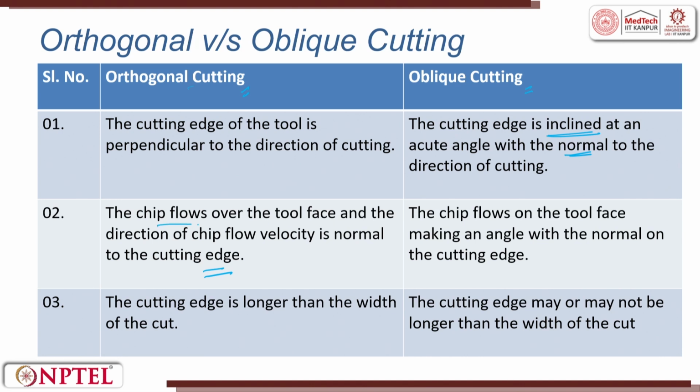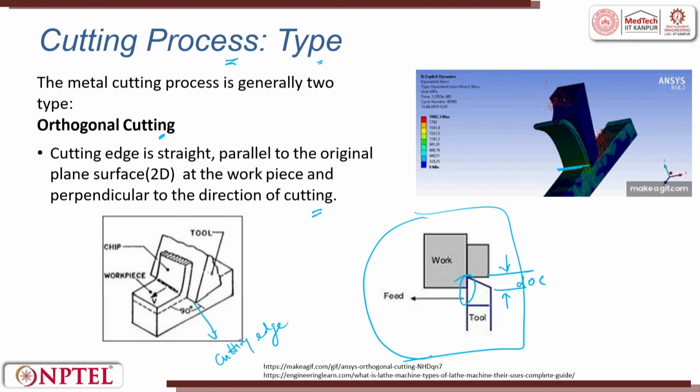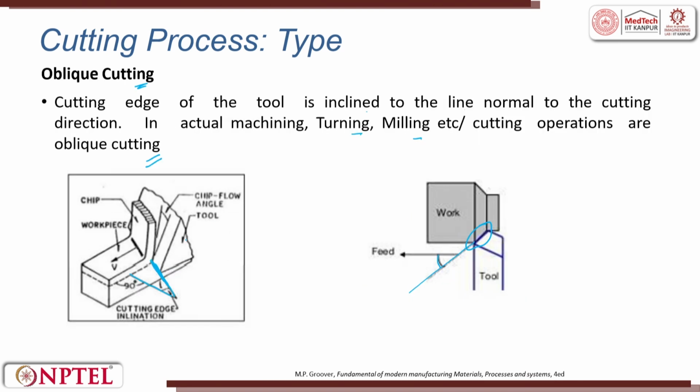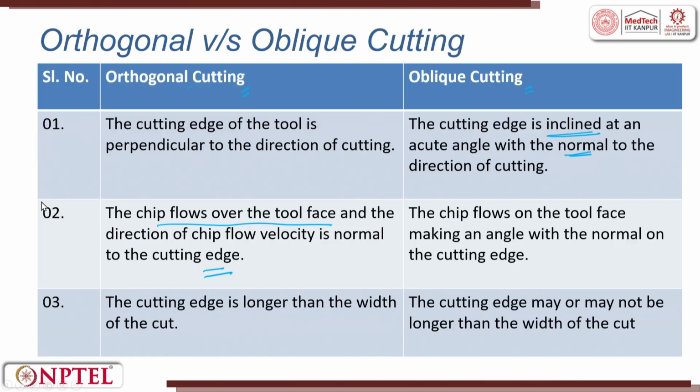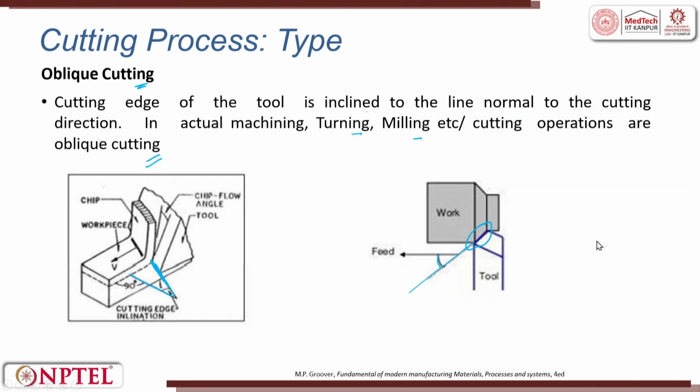So, the chip flows over the cutting face. This is the tool, and this is the chip which flows. The chip flows on the tool face, making an angle with the normal to the cutting edge.